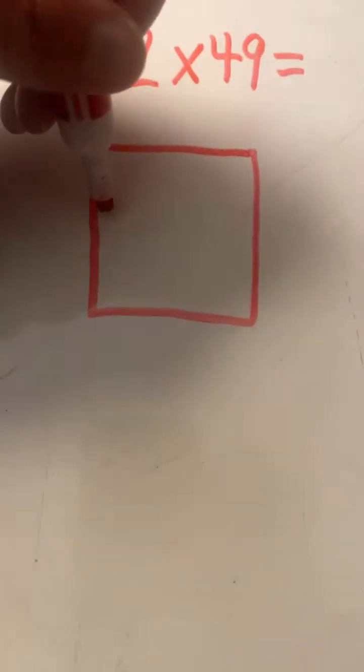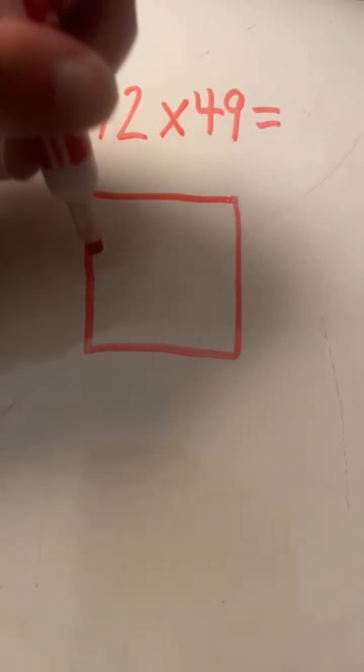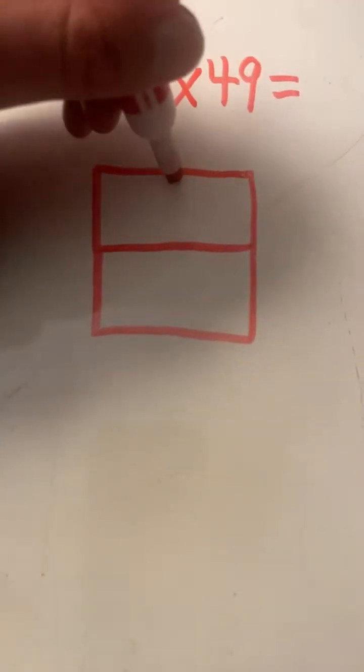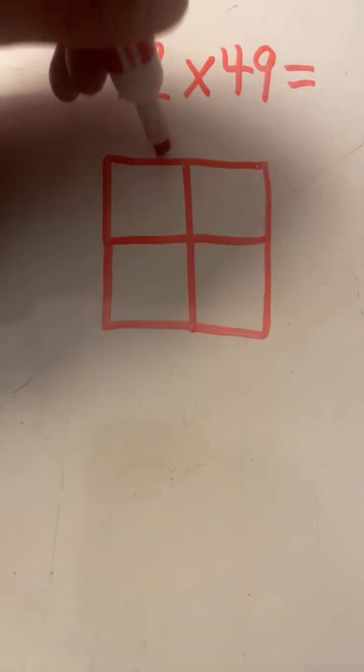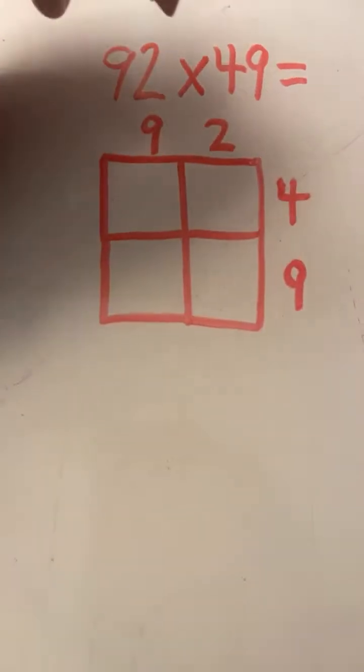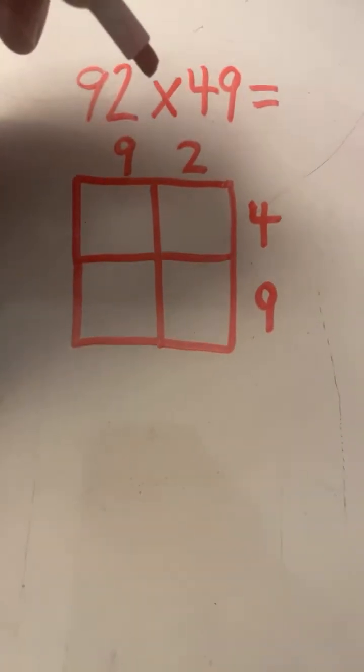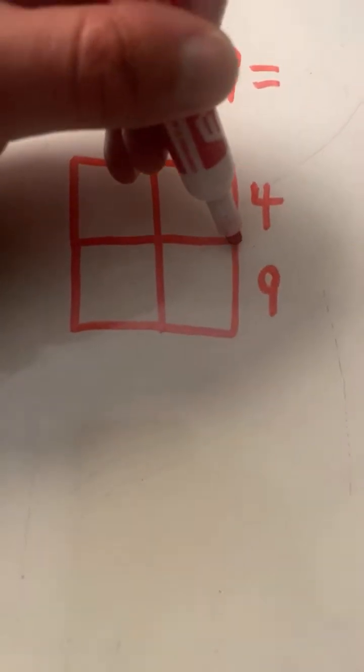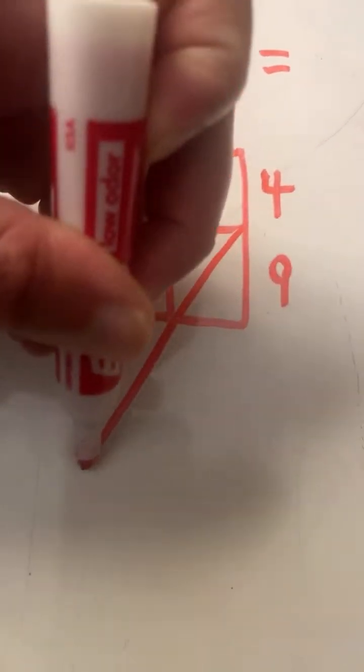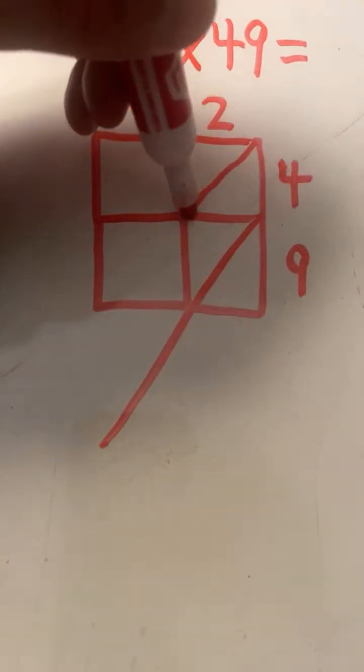So we're going to make a box for each of the digits we're multiplying here. So the 9 and the 2 are going to go on top, then the 4 and the 9 are going to go on the side. Next, we have to draw a line going across each of the boxes, turning them into triangles.